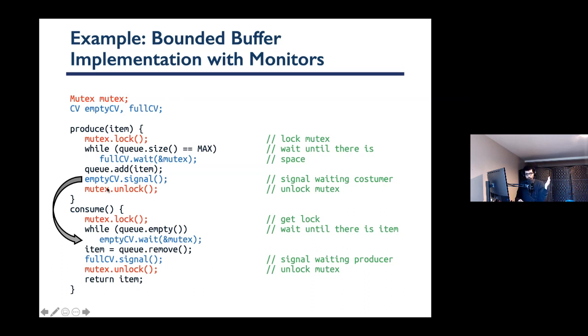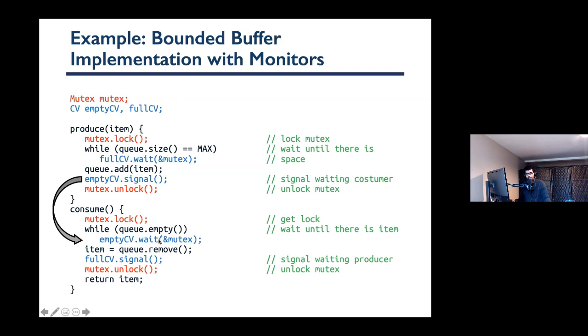Let's say at some point, the scheduler picks the consumer thread that just woke up. Where does this thread wake up? This is very important. It will wake up inside the wait function. This wait function at some point suspended this thread, and the thread wakes up inside the wait function. What is the first thing that this thread has to do inside wait? The first thing it has to do, and this is very important, is to acquire the lock again.